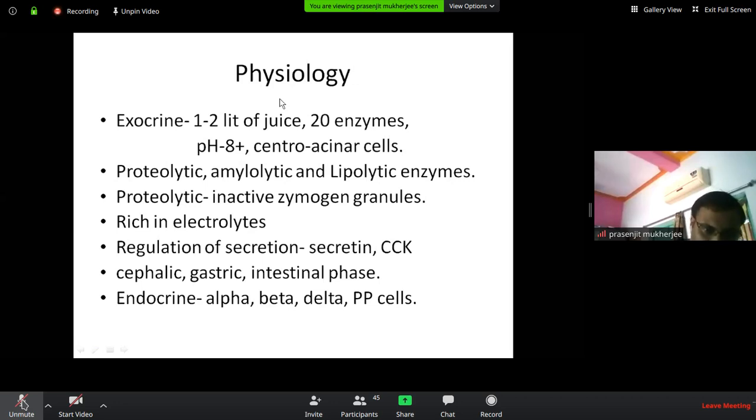In the gastric phase, when there is food in the stomach, there is release of gastric acid and release of secretin, which increases pancreatic juice secretion. Mostly it is regulated by secretin.